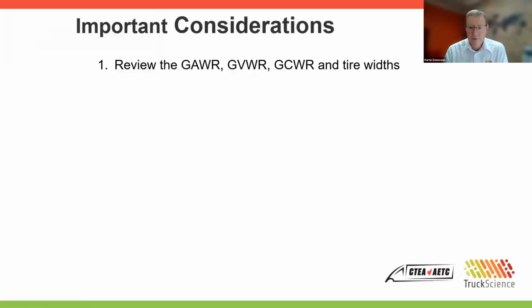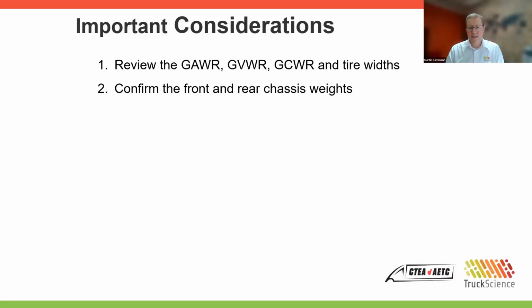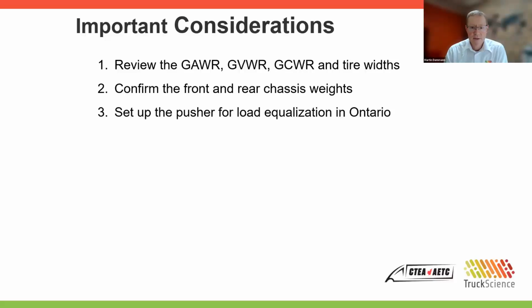Ensure that you have adequate ratings for the axles, the gross vehicle weight rating, and gross combination weight rating, and that your tires have sufficient width and carrying capacity to achieve the desired weight on each axle. Check the front and rear chassis weight with your chassis supplier to ensure the weights match the spec.